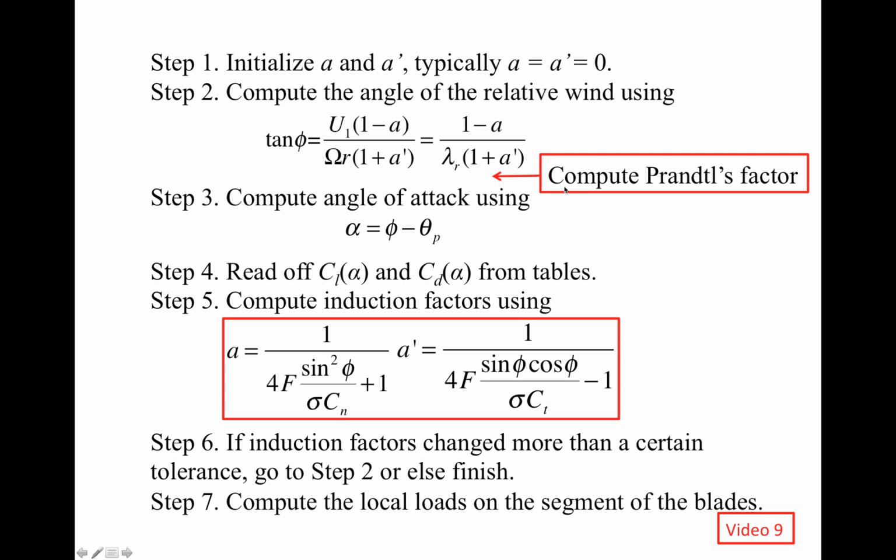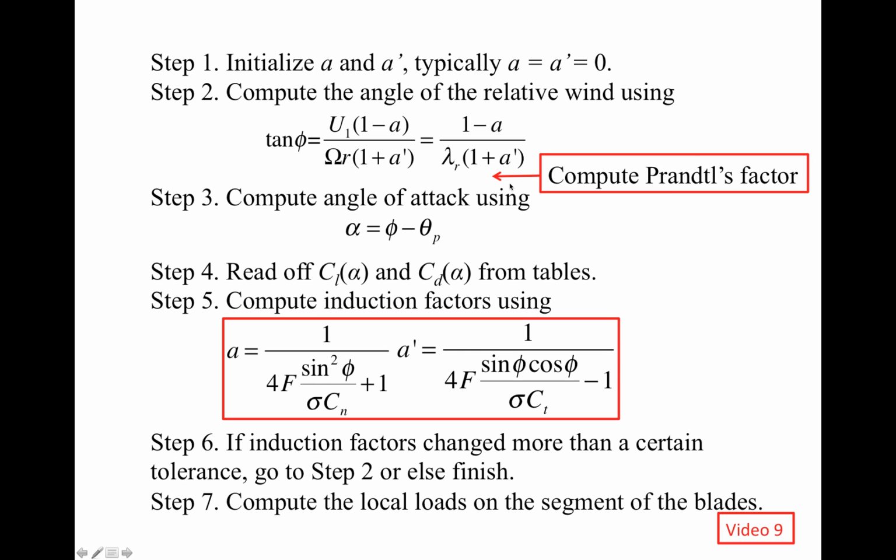So the calculation of the Prandtl factor can be inserted right after step 2 is finished. Then at step 5, we were computing the induction vectors using those two formulas. But now all we have to do is modify those two formulas by accounting for f, which is computed after step 2.